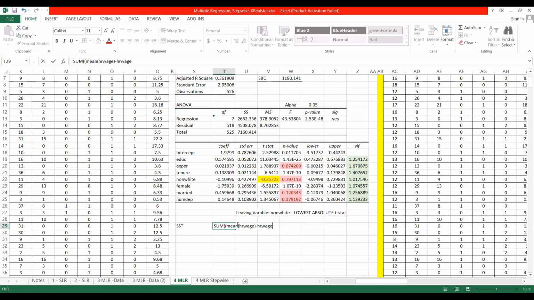Yung values ng hourly wage, right? Tapos ini-square natin yan. So the difference between the average hourly wage and the actual hourly wage, yung difference ini-square natin, tapos sinasum up natin. That's your total.